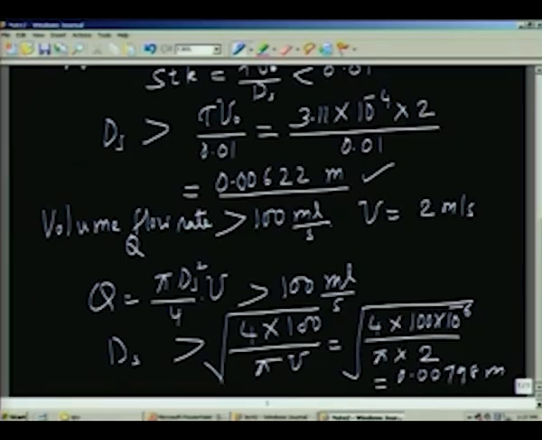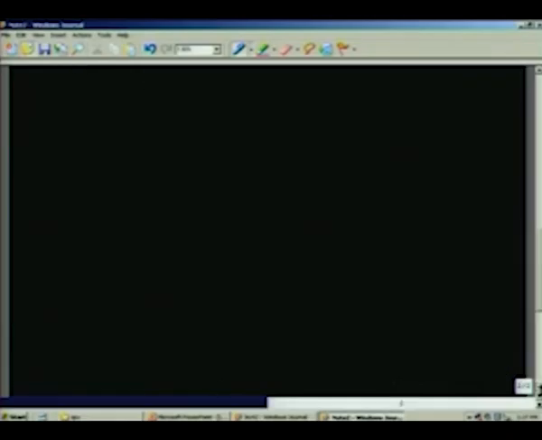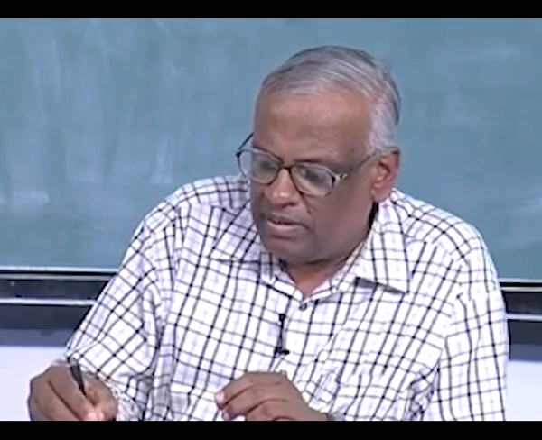So, this is an 8 millimeter tube and this is a 6 millimeter tube. So, we would have to choose the larger, because this requirement is more important than that requirement. Therefore, ds is chosen as 0.008 meter or 8 millimeters.